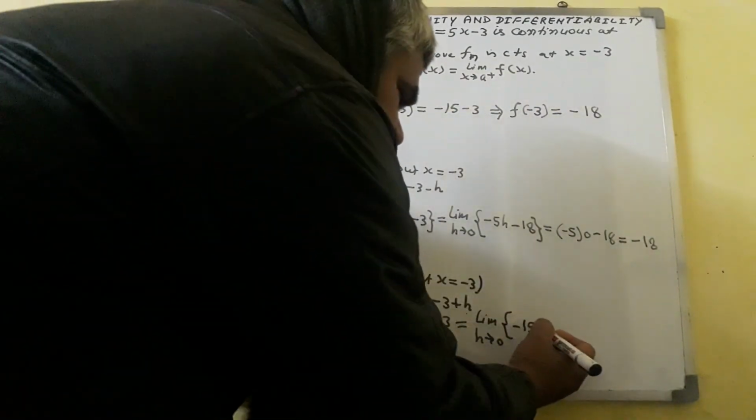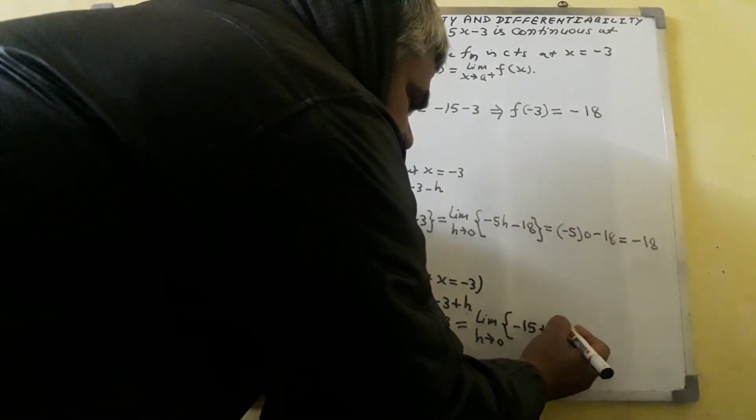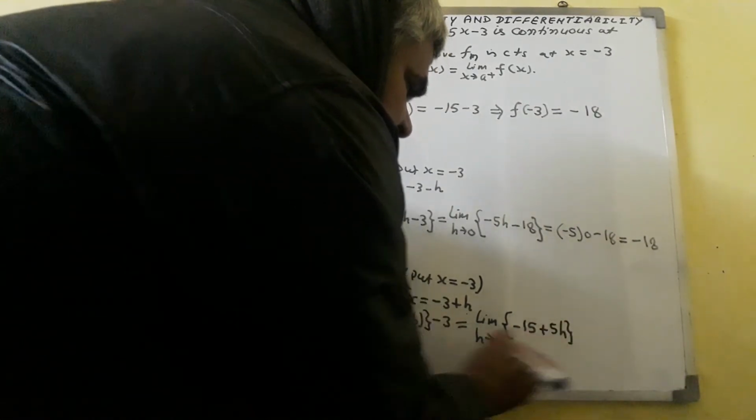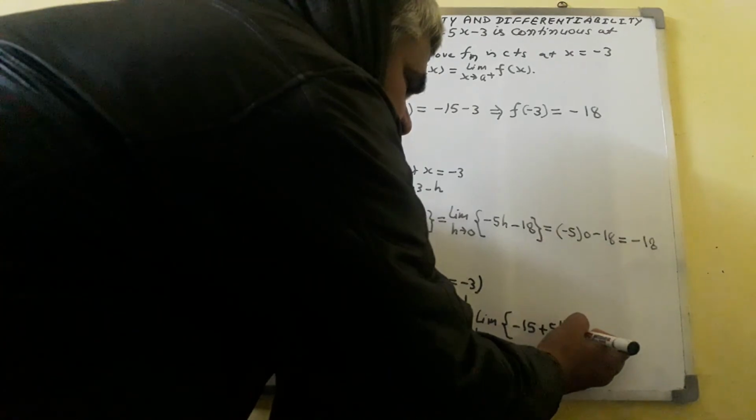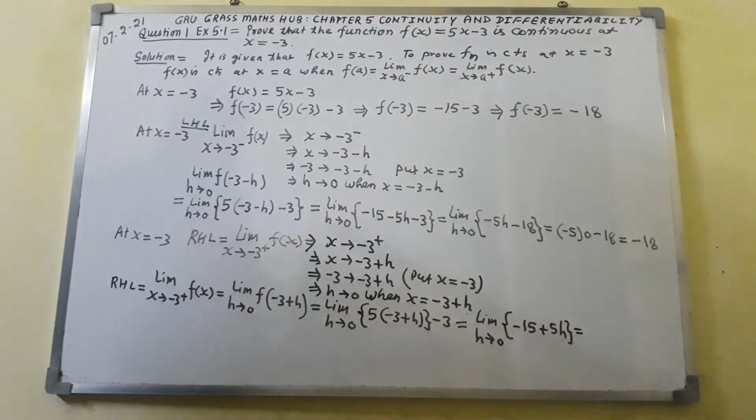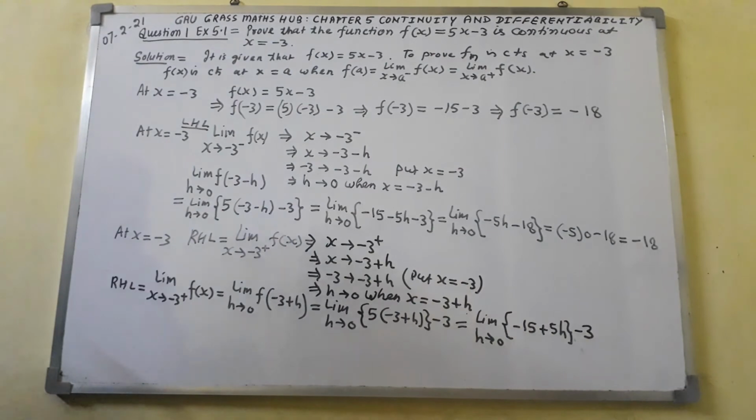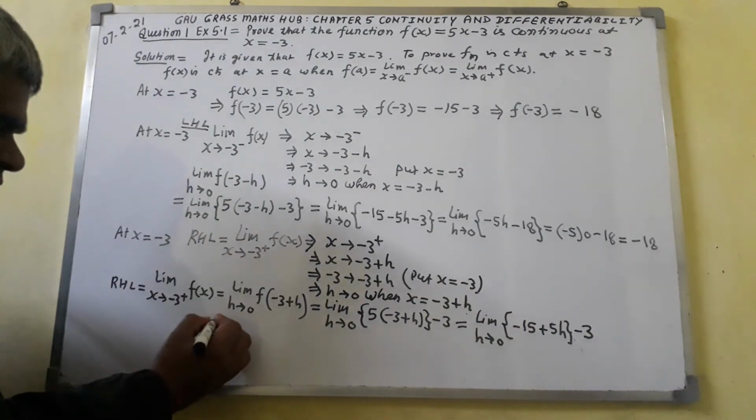So here you will get plus 5h equal to, and minus 3 is also there. Write here minus 3.